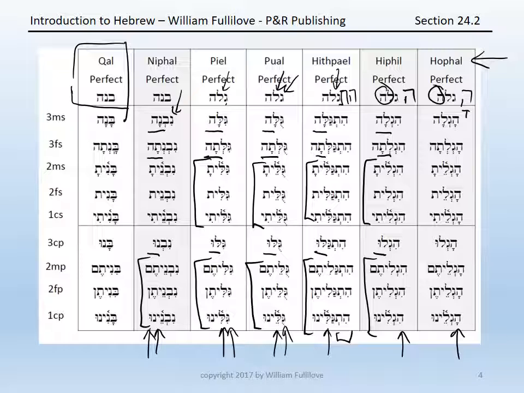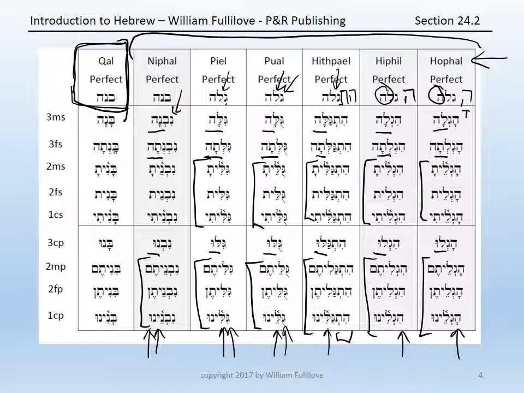And the third he of the root is replaced by a mater, by the tav, by the hireq yod. Disappears and is replaced by the hireq yod. So if you learn the Qal perfect paradigm of bana well, the memory paradigm, and you remember the tip-offs for all of the derived stems, you should have no trouble recognizing and parsing any third he perfect form.